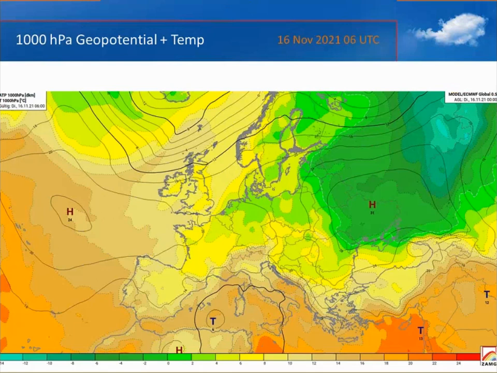Okay, this brings us even closer to the ground. 1,000 hectopascal geopotential and temperature. So here the picture is very similar. Still the low pressure. What should I say? Not so much has left at the ground from this pressure system in the south.